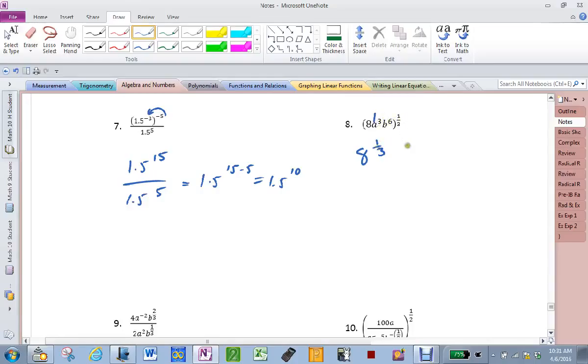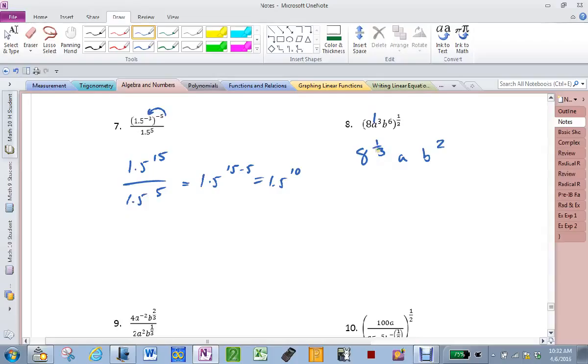What is 3 times 1/3? Is it really? 3 times 1/3? 1. Thank you. And B, 6 times 1/3? 2. Then I just deal with them. 8 to the 1/3. Do I know how to deal with fractional exponents?